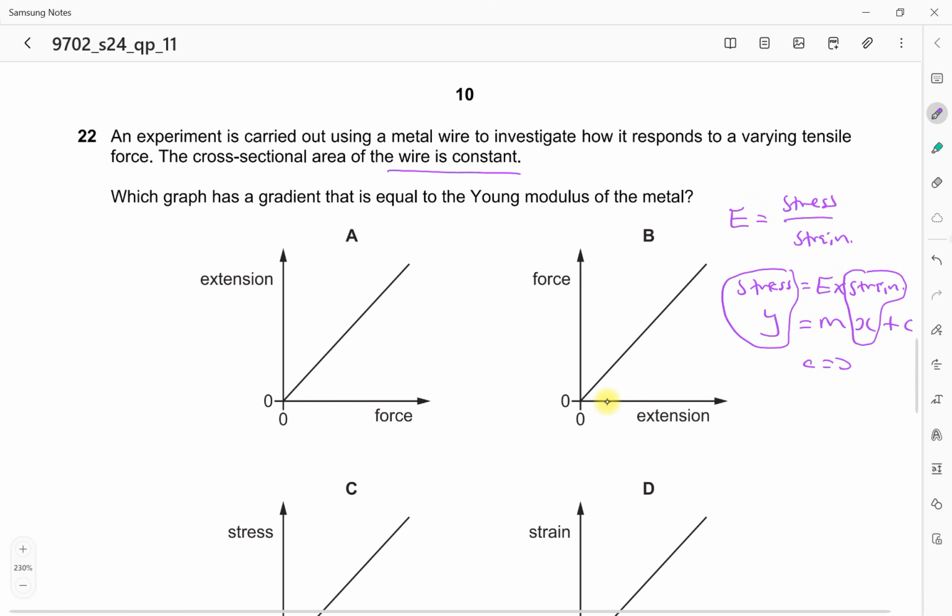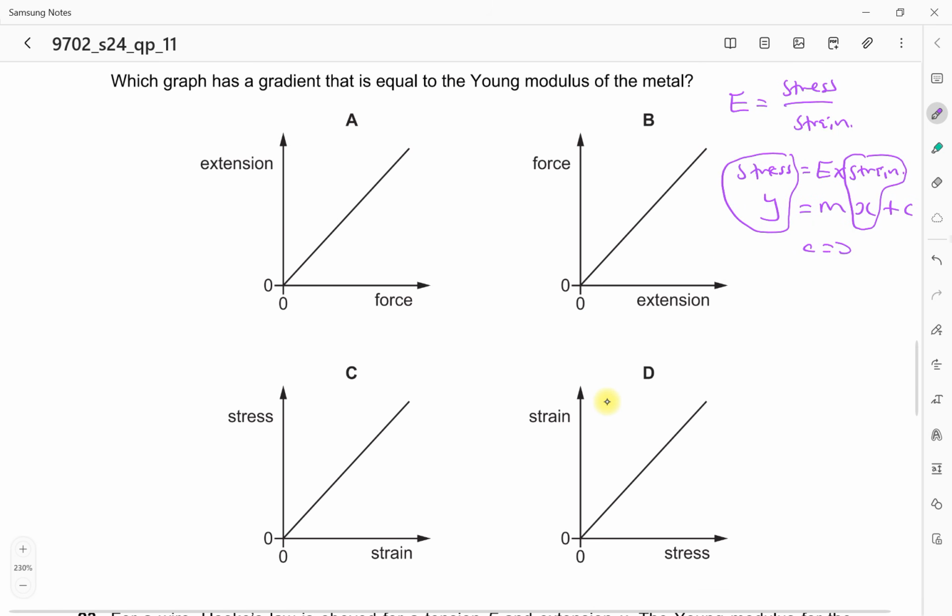So the answer is going to be C. The other graphs: force against extension, the gradient gives us K. Extension against force, the gradient gives us 1 over the spring constant. Stress against strain would give 1 over Young modulus if axes were swapped.